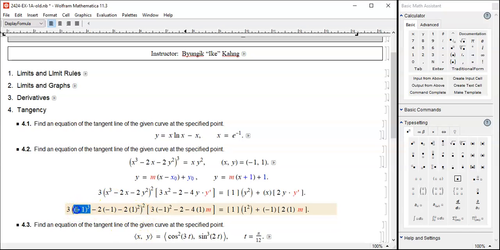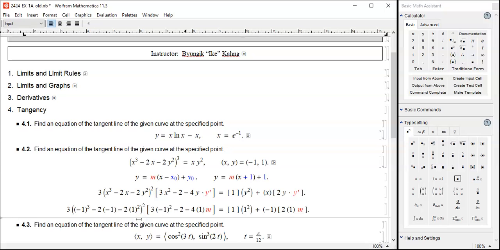So this is -1 cubed, so -1 and minus plus, so +2, and then -2. So these two cancel out. -1, total thing squared, so the whole thing is 1, and times 3.